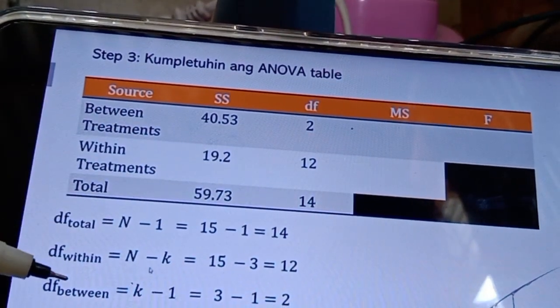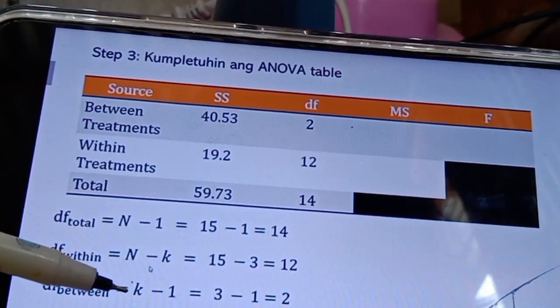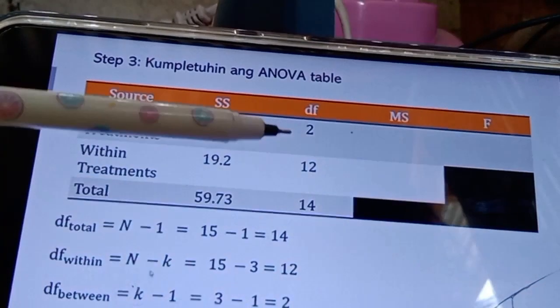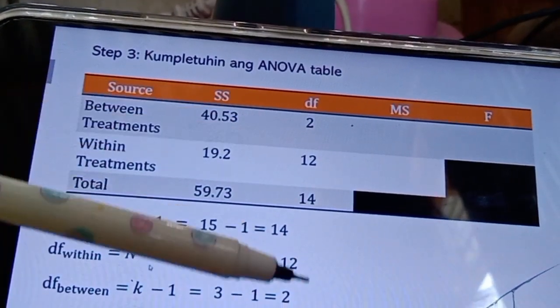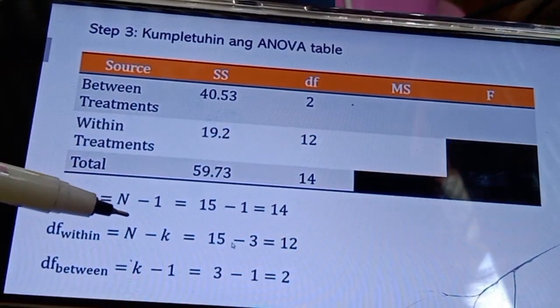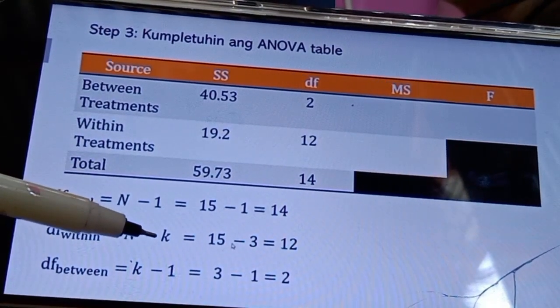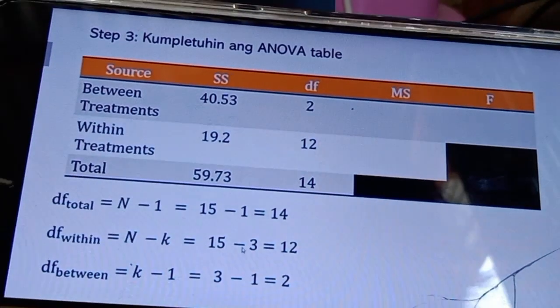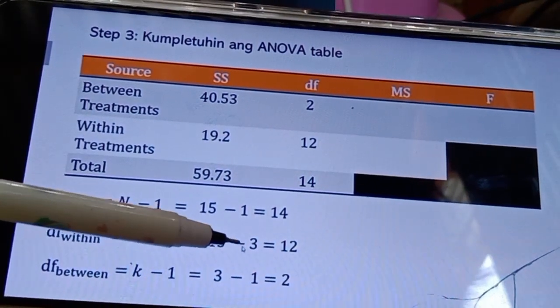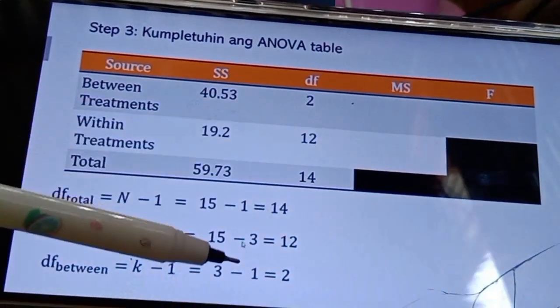So, df between is equals to k minus 1 is equals to 3 minus 1 is equals to 2. Dito naman siya sa between treatments. Difference between number of participants minus number of groups. Kaya yan, 15 minus 3 is equals to 12.